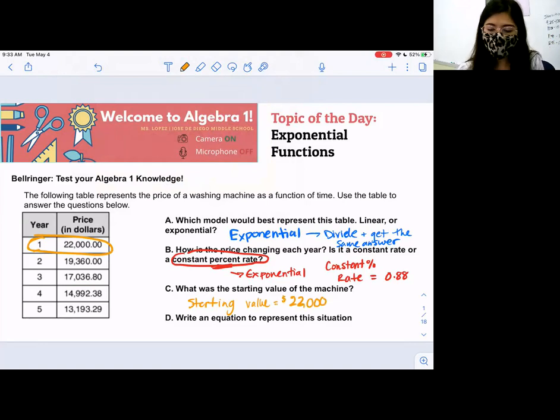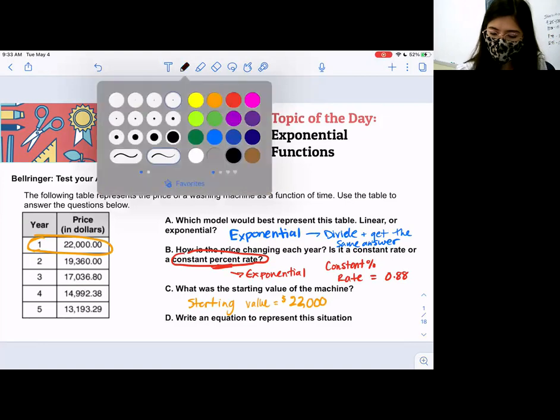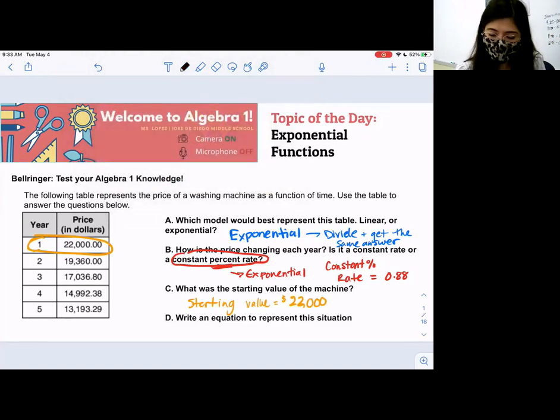So we know it started at 22,000. We know the percent rate was 0.88. So now we can write an equation. And again, we're reviewing this. So if you don't really remember how to do it, that's okay. But as a reminder, for exponential functions, it's going to be a times b to the power of x. Who remembers, what does a represent?